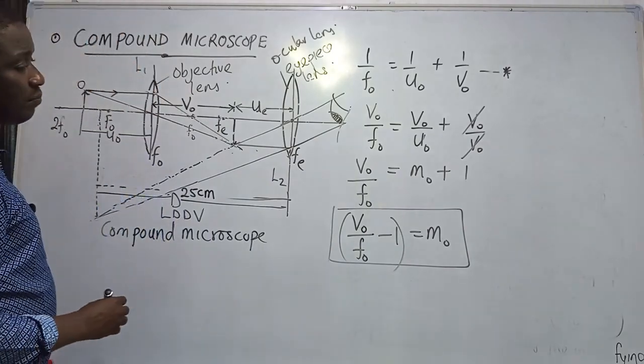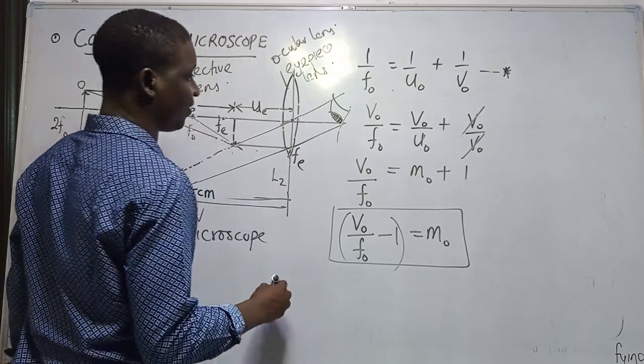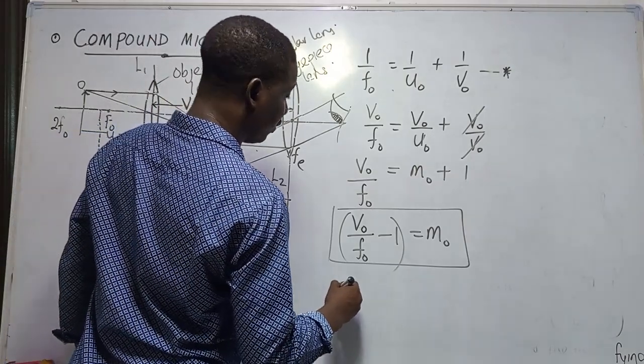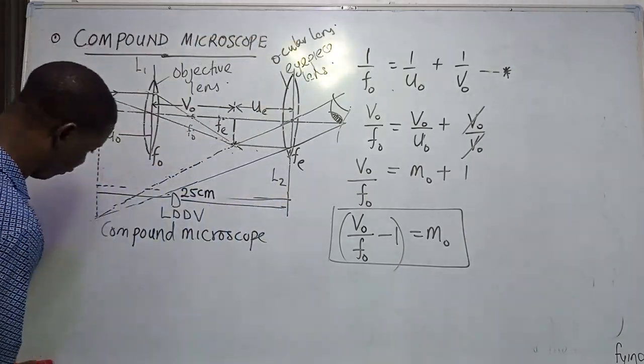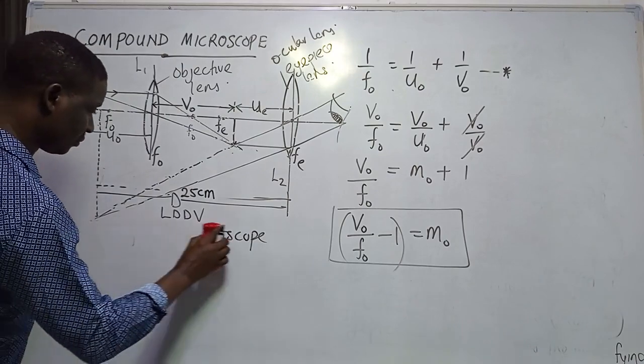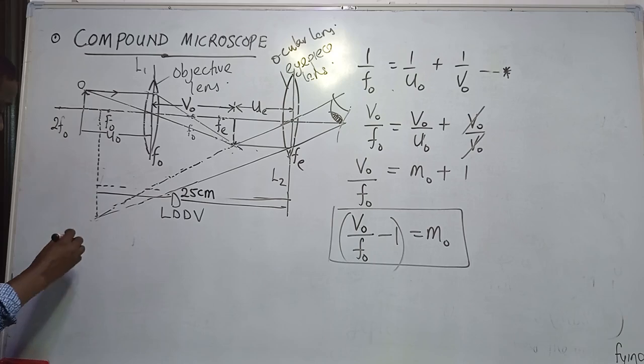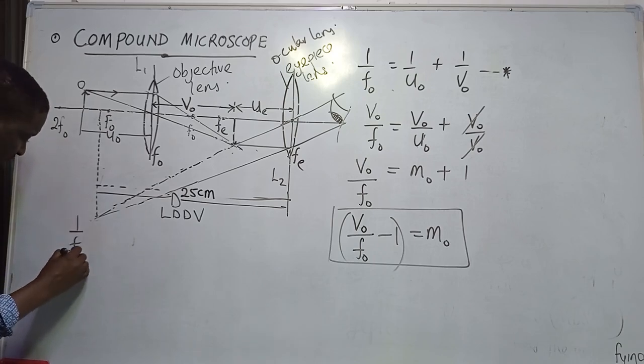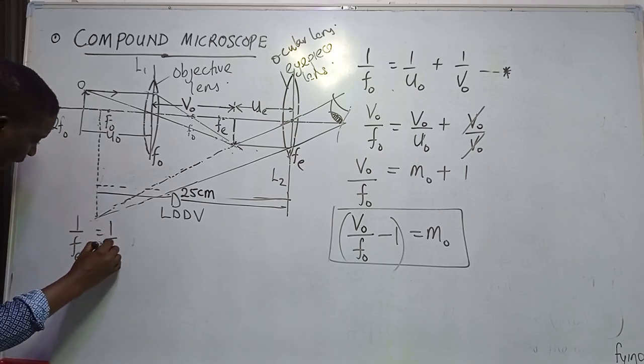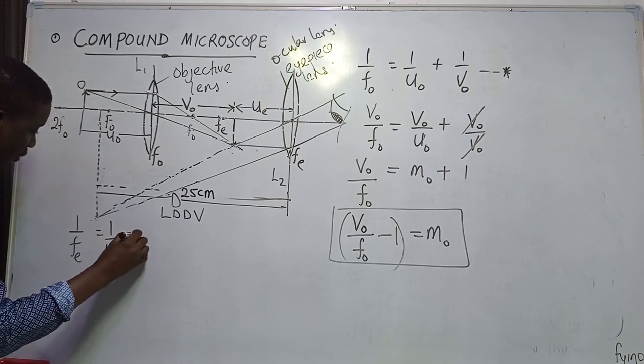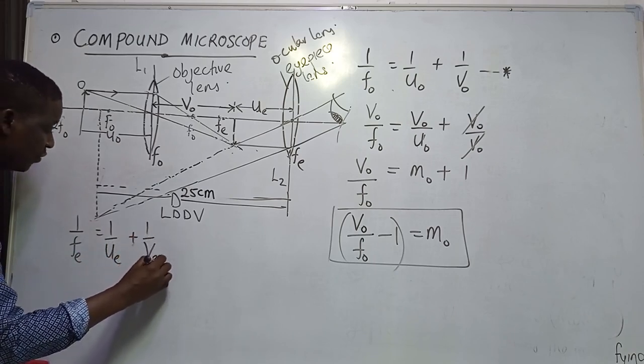Now, what is the magnification of the eyepiece lens? Now I want to have it as 1 over fe equals 1 over ue plus 1 over ve.